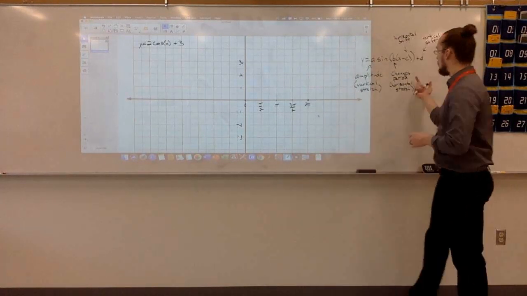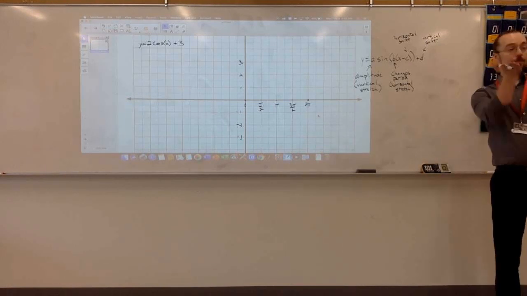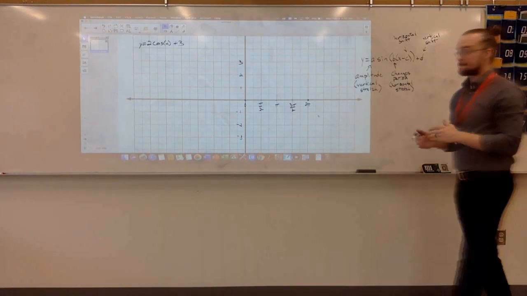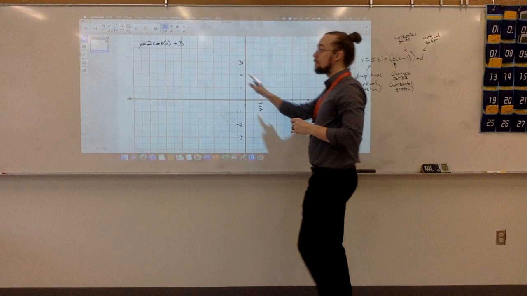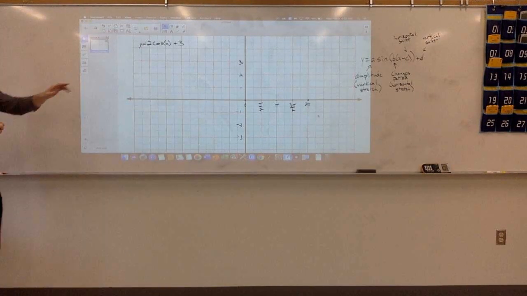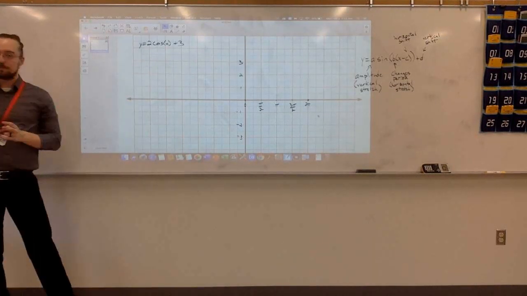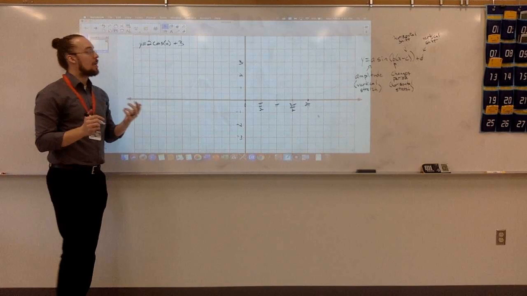We said the D value is a vertical shift. That's just going to take the whole graph and shift it up or shift it down. So whenever we have a D value, that's kind of where we want to start. We can think about shifting what we call the midline.